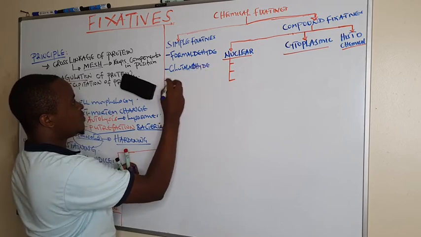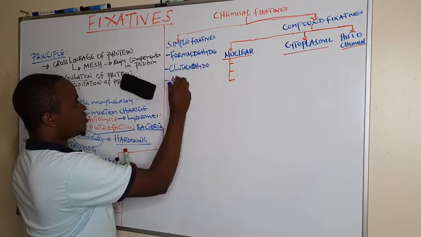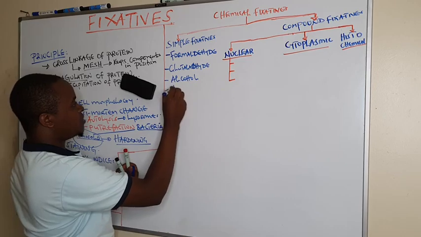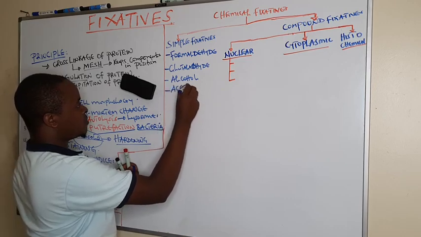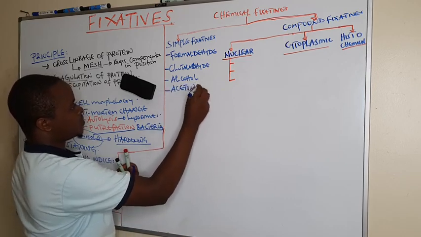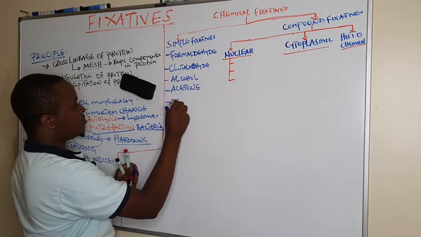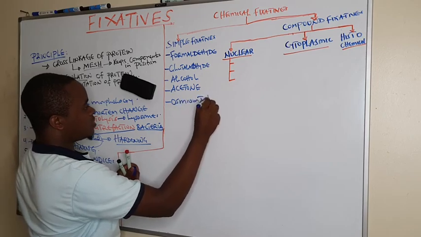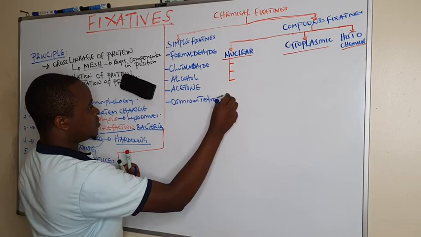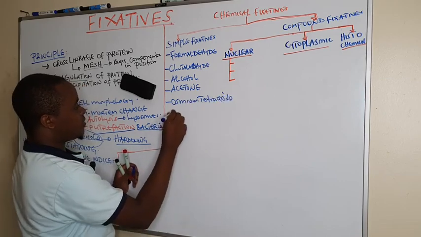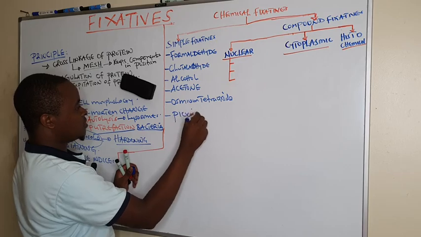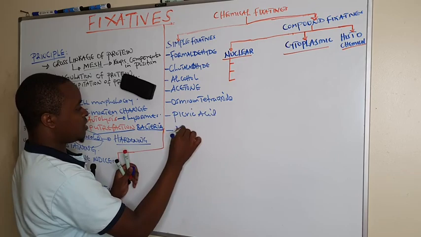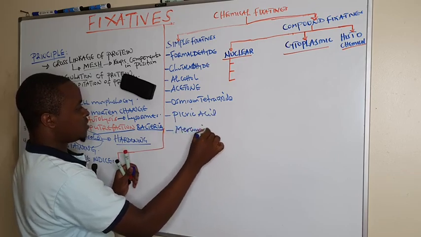Then we have alcohol, acetone, osmium tetraoxide, picric acid, and mercuric chloride.